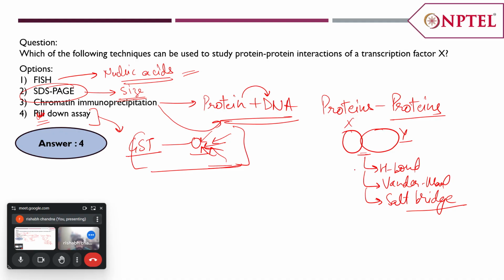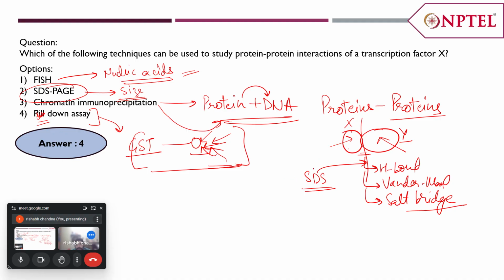Now, if we are using SDS, this would break all the interactions between both the proteins, and it will also denature both the proteins by imparting a negative charge.